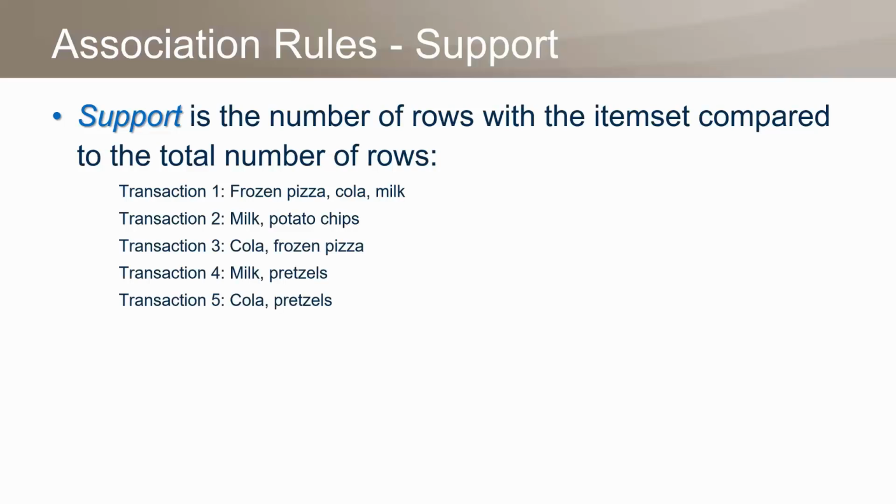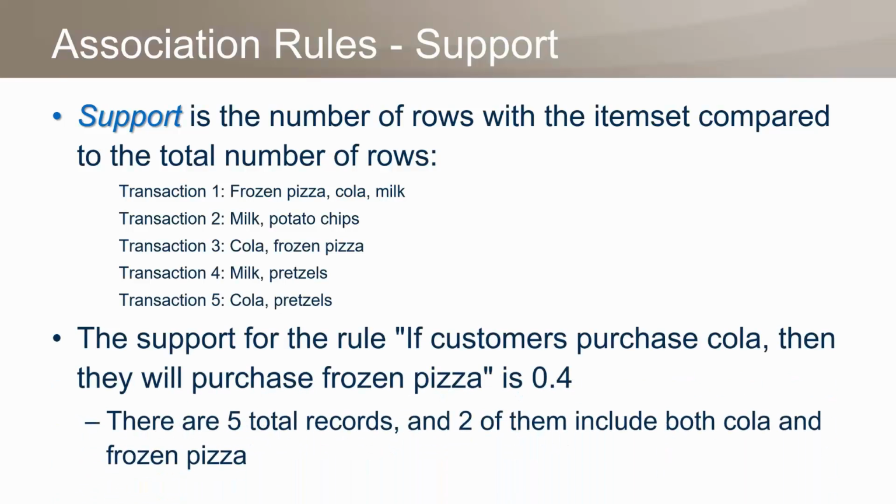So here we have a simple example, a set of 5 rows, let's say 5 orders, and the first one is frozen pizza, cola and milk, second milk and potato chips, and so on. And we define support as the number of rows with the item set compared to the total number of rows. So this sounds extremely simple, and yes, it is. Association rules is not an overly complex algorithm.